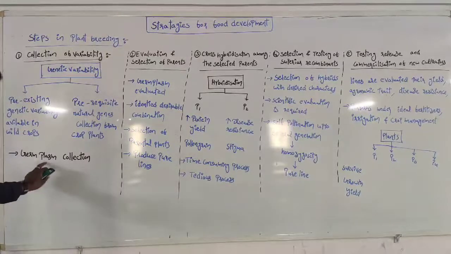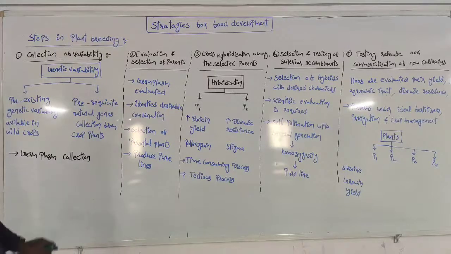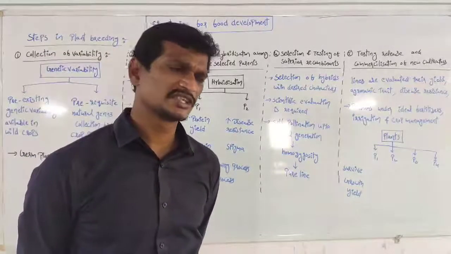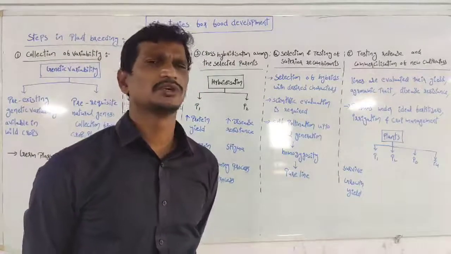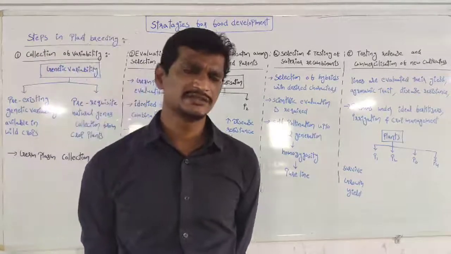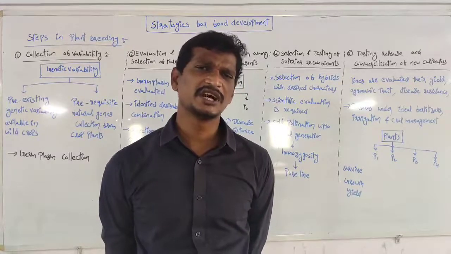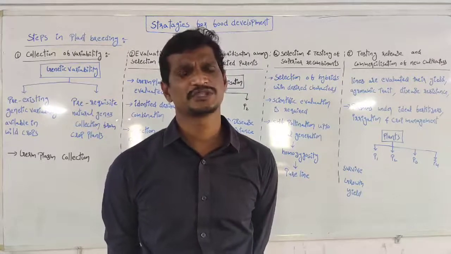See, the process is called germplasm collection. So what is germplasm collection? Simple. Plant parts containing desirable characters are collected, which are subjected to the cryopreservation process.